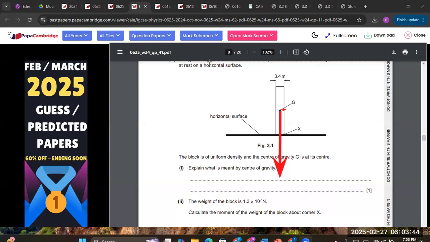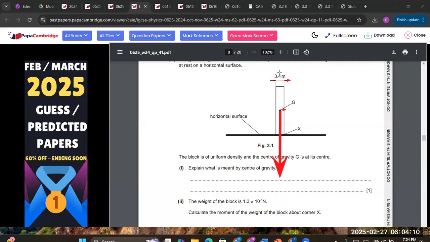I got my answer as 4.42 into 10 to the power 7. Are you dividing 3.4 by 2? Because 3.4 is the total width of the thing, right? You just need the distance from the center to the pivot. I did 1.3 into 10 to the power 7 into 3.4.